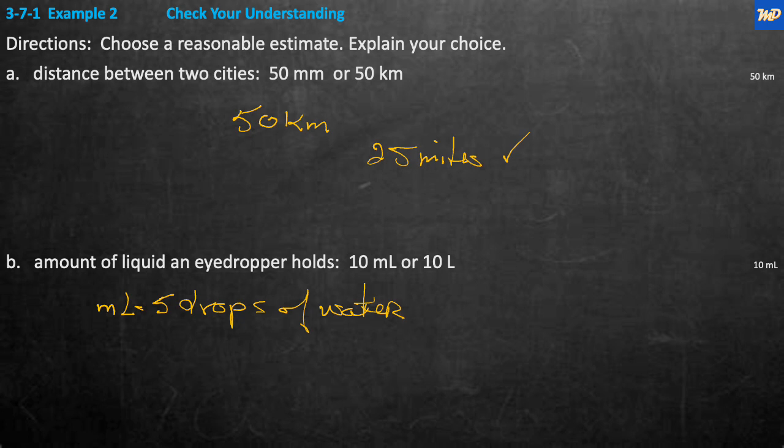Okay, so 10 milliliters would be equivalent to 50 drops. If you could squeeze up an eyedropper full of liquid and pop out 50 little drops, that'd probably be all right. Because 10 liters wouldn't, because a liter is a little bit larger than a quart. So we're going to go with 10 milliliters.